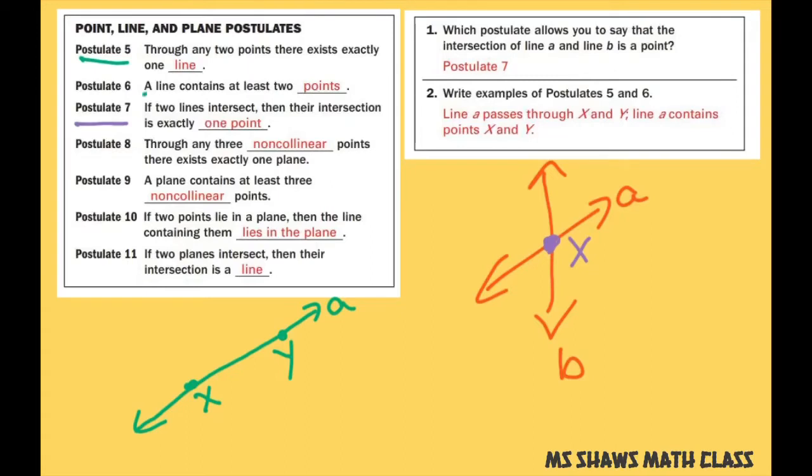A line contains at least 2 points. So we're going to draw a line, and then it contains at least 2 points. So this would be X, Y. At least, it could have more. It has infinite points on the line.